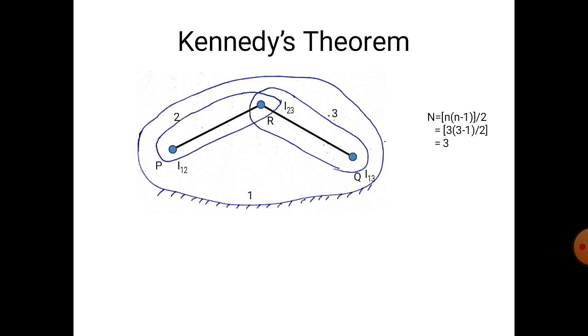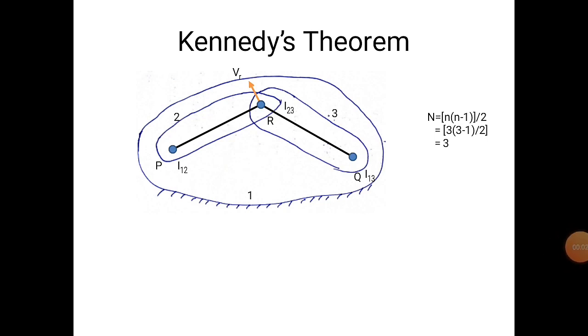Therefore, the motion of their mutual I center I23 is to be the same whether this point is considered on body 2 or body 3. If the point R or I center I23 is considered on body 2, then its velocity VR will be perpendicular to line PR as shown.